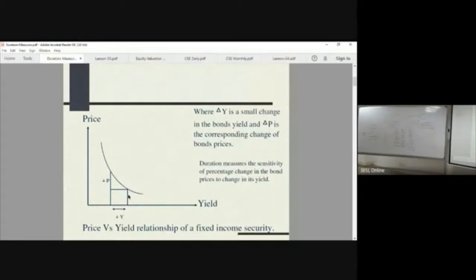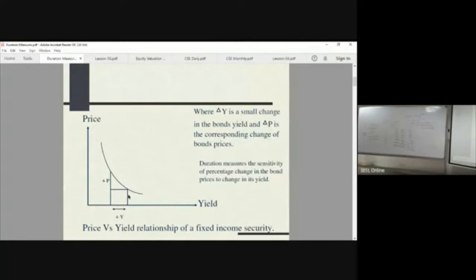We call that adjustment the convexity adjustment. Duration and convexity are two measures. If I put it in physical form, convexity is a measure to look at the sharpness of the curvature. If convexity is higher, the sharpness of the curvature is higher.